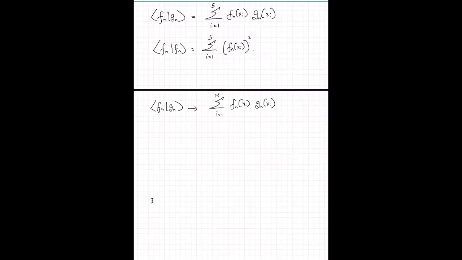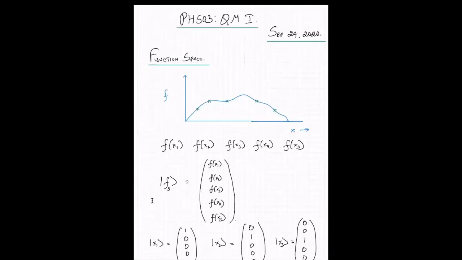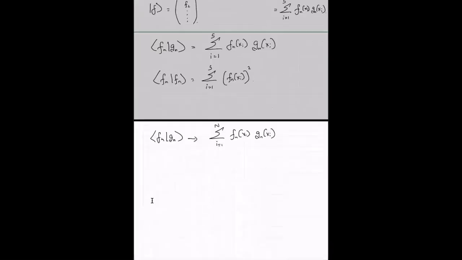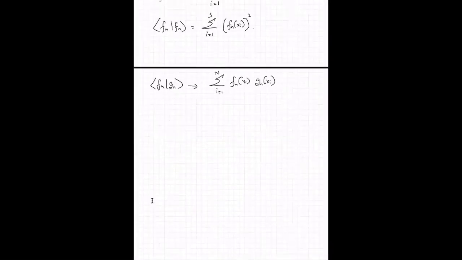If I stick with this example of the string, and let us say the string length is L, and I'm choosing n points in between to describe the string, I will weight this by a factor of delta, where this delta is L over n. It should ideally be n plus 1 because I'm going from 0 to n.